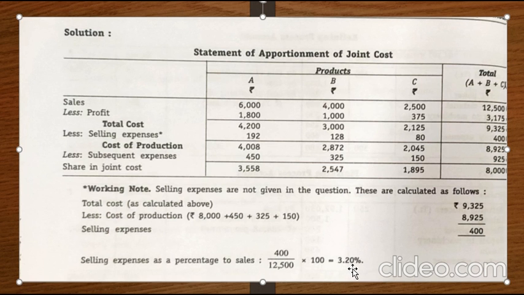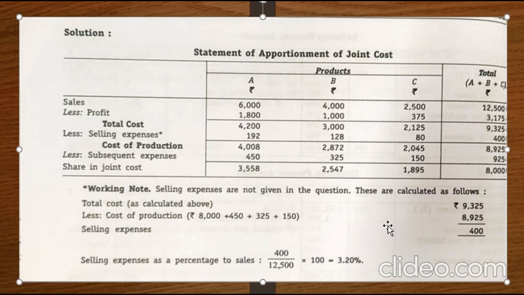As they have told in the question, selling expense as a percentage to sales. So out of 12,500, a certain percentage is 400. What is that percentage? That percentage is 3.20. So for the total selling expense, what you have got is 400.